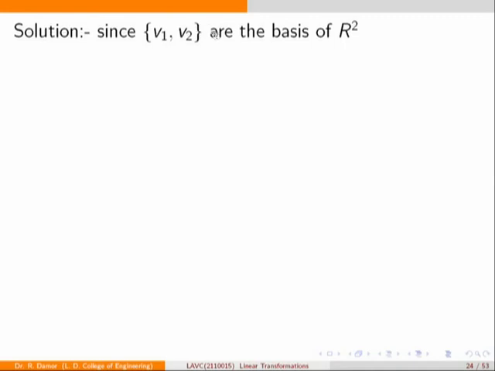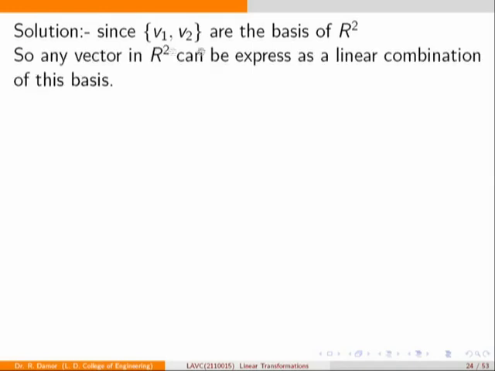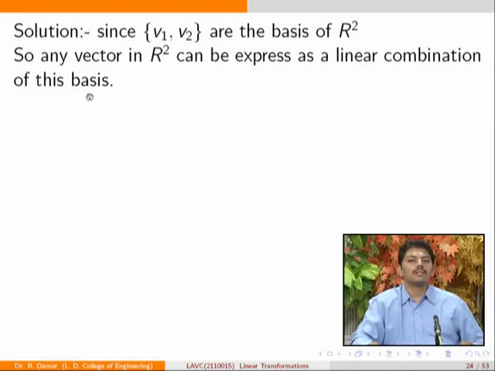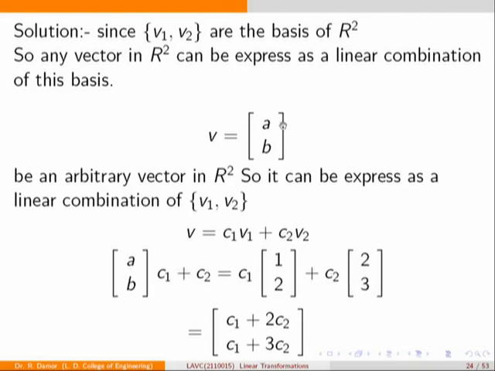Now this is the basis for R2, as we have said in the previous example. R2 is a vector space and any vector in R2 can be expressed as a linear combination of this basis. So I will take any element of R2, suppose V equal to (a, b), any element of R2.